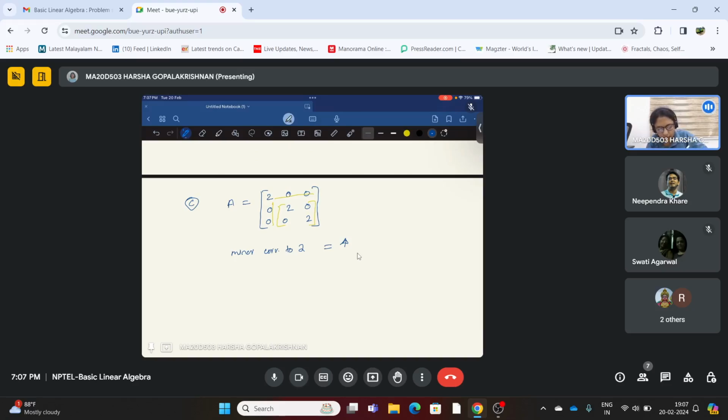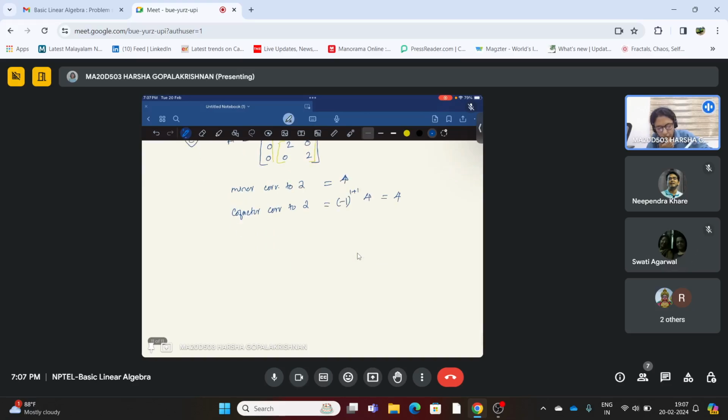Now, the cofactor corresponding to 2 is minus 1 power 1 plus 1 into 4, since this is the 1,1 entry. So it is 4. Corresponding to the first element we got 4. So if I write the adjoint of A, my first element is 4.